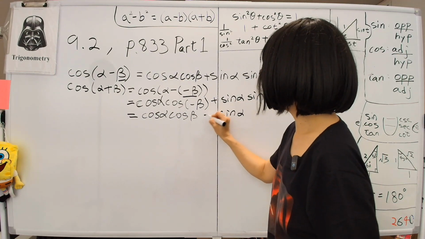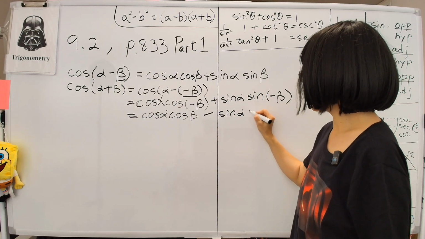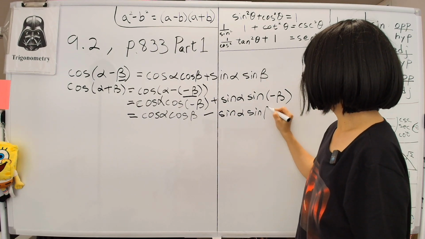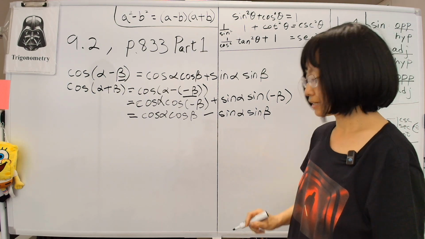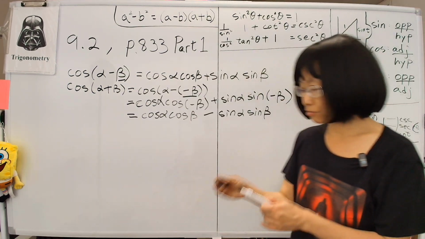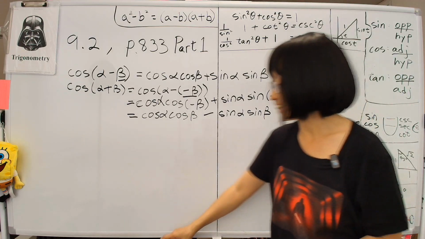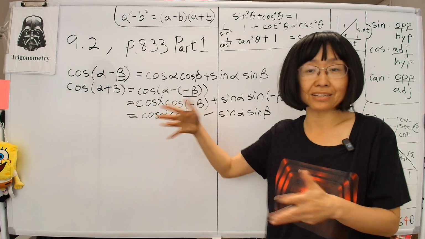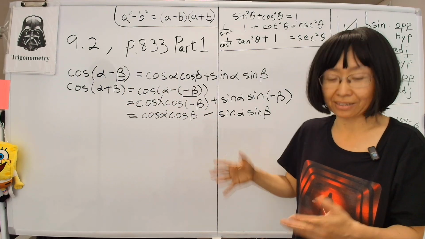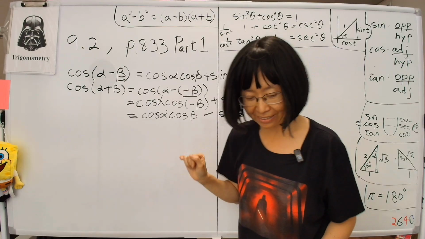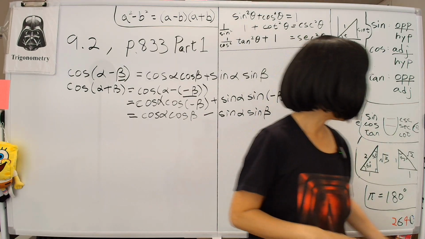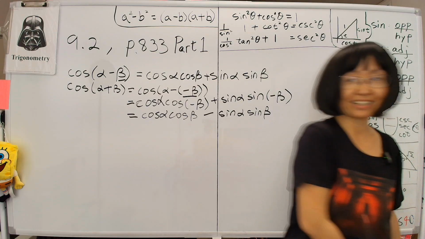So this becomes minus sine alpha, sine beta. That is how we get the cosine of alpha plus beta out of cosine of alpha minus beta. Nobody says beta is positive or negative. It can be anything. We'll just stuff it in there. So that is one way to do it.